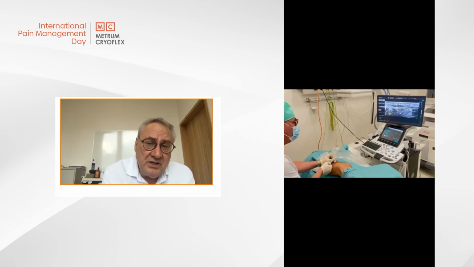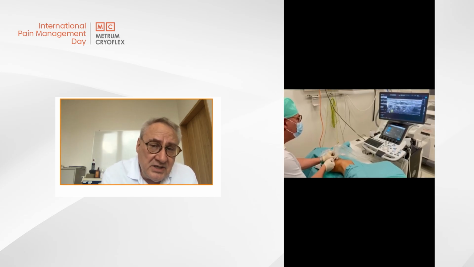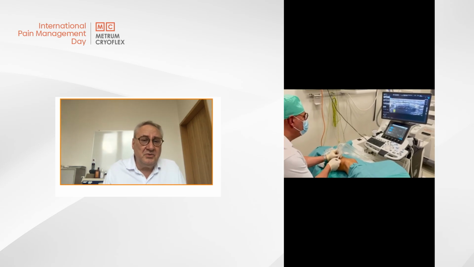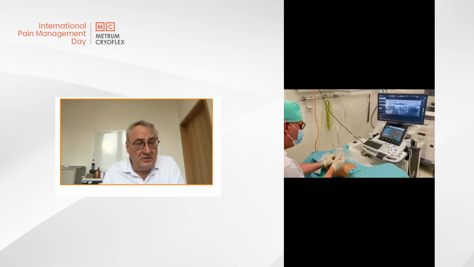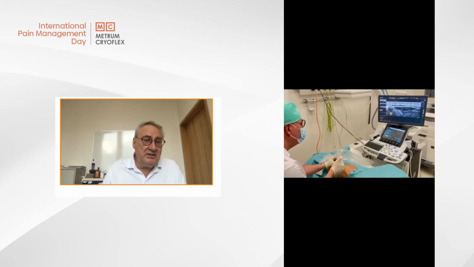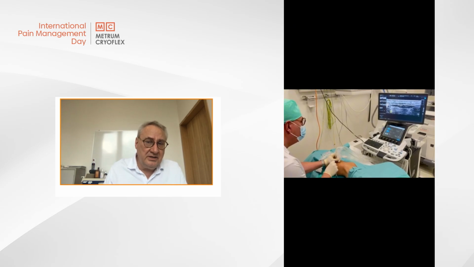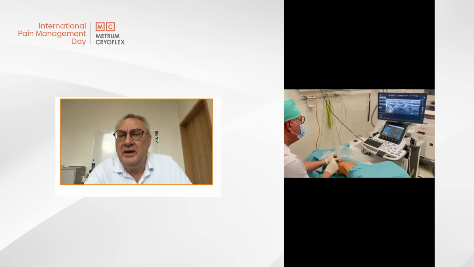The only option we cannot use here is an RF, because it would be counterproductive: we would destroy the nerve, and probably in the end we would have to use a cryo again to treat this nerve afterwards. So in this case, the PRF, the pulse radio frequency, and the cryo are the methods of choice in treating this patient. You're going to have a look right now.